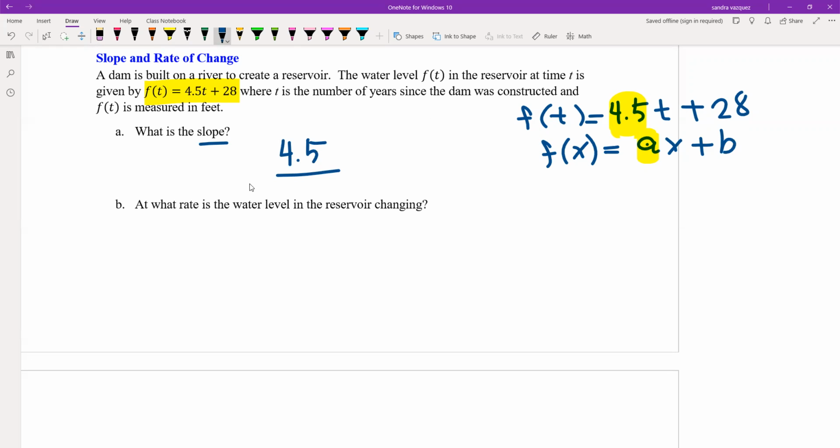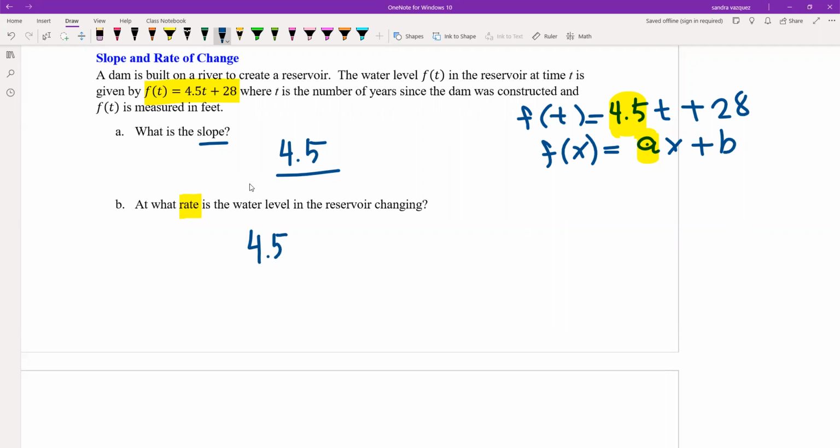At what rate is the water level in the reservoir changing? The key word is rate, and at what rate means we're talking about the slope, also from section 2.4. So it's also 4.5, but now you have to include the units.